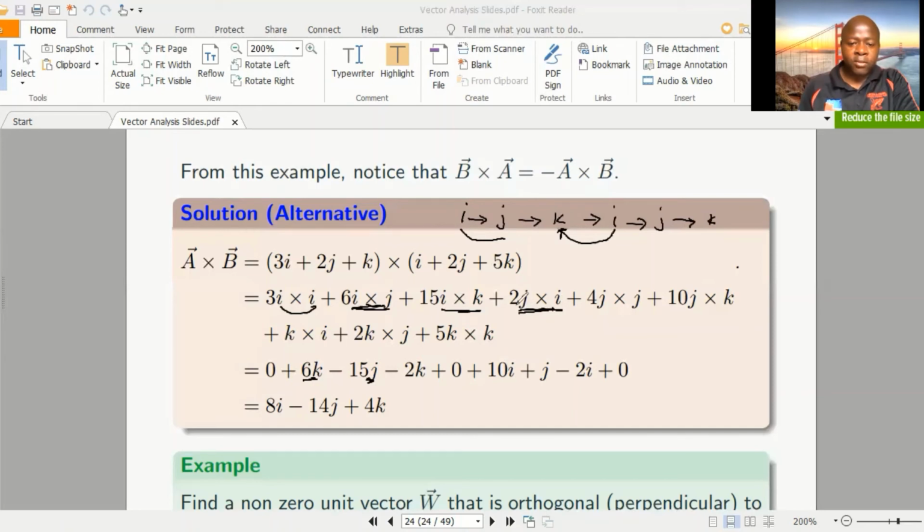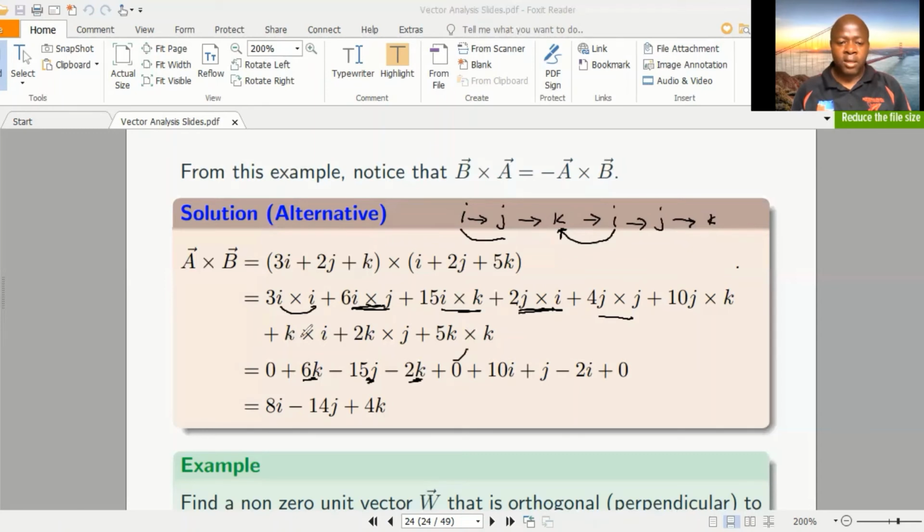So negative k times 2 is negative 2k. j cross j is 0. 0 times 4, that gives us 0. j cross k is i. So i times 10 is 10i.